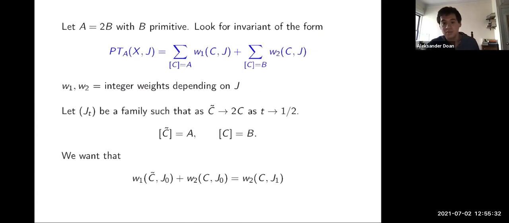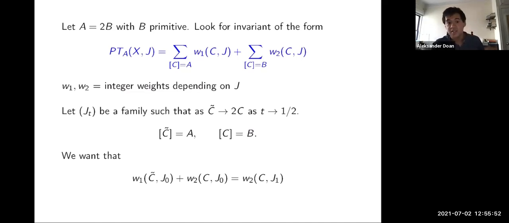I said that if the homology class is primitive, the naive count of curves is an invariant. So let's start with the next step and consider homology classes which are of the form 2 times B, where B is a primitive class.